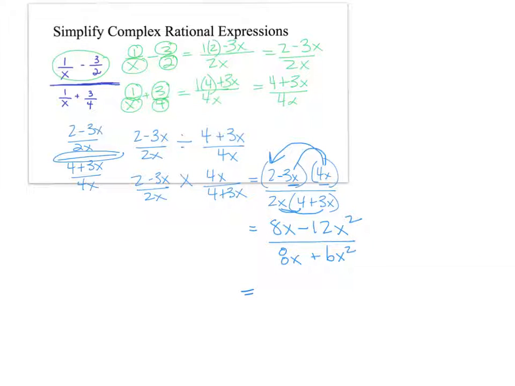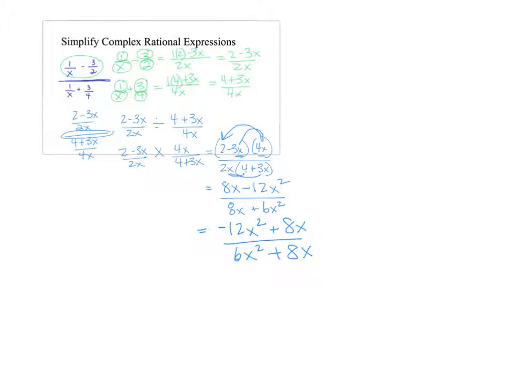Now I like to rewrite the numerators and denominators in descending order of degree. So that's going to become negative 12x squared plus 8x over 6x squared plus 8x. Now I'm going to go ahead and find my factors and see if there are any common factors that I can use here.